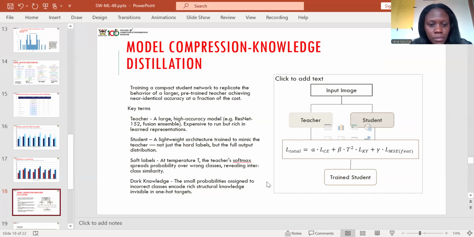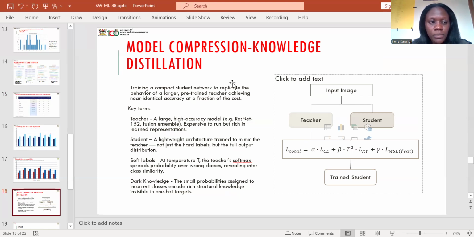Then the model compression with knowledge distillation. To make the system suitable for lightweight devices, we explored model compression using knowledge distillation. In this approach, a large and powerful teacher model transfers knowledge to a smaller student model.